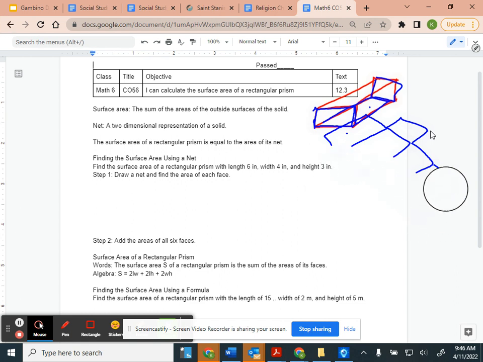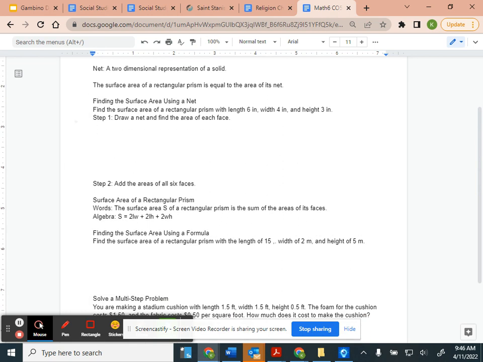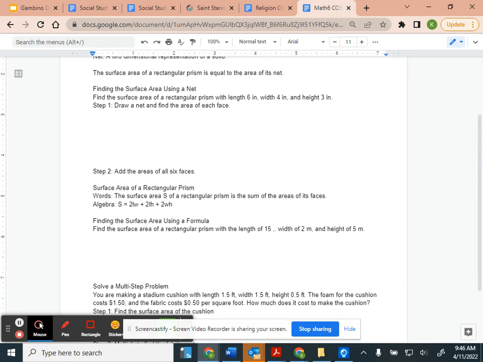So I'm going to erase this just so we can see a little better. So finding the surface area using a net. Find the surface area of a rectangular prism whose length is 6 inches, width is 4 inches, and height is 3 inches.